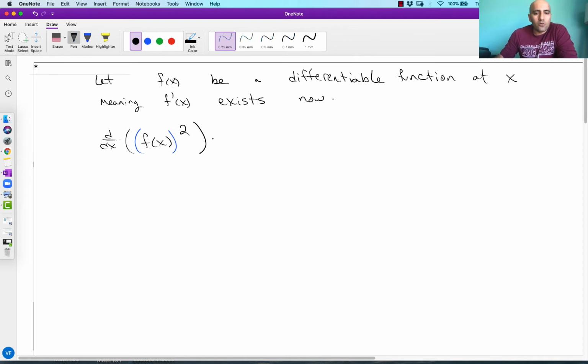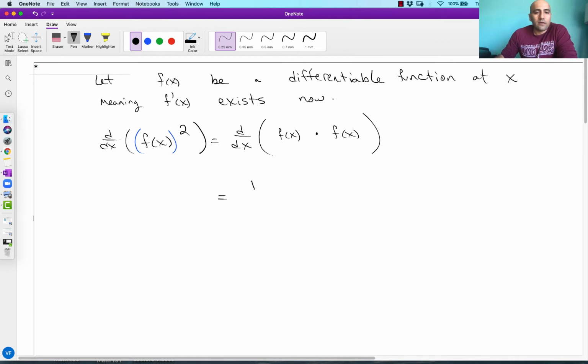Well, this is the same thing as multiplying them together, right? They're being squared. So this is the same thing as f of x times f of x. And we know from the product rule that if we want to find the derivative of a product of functions, then this is going to be equal to taking turns finding derivatives.